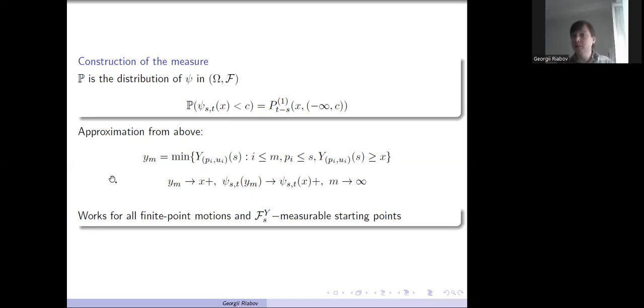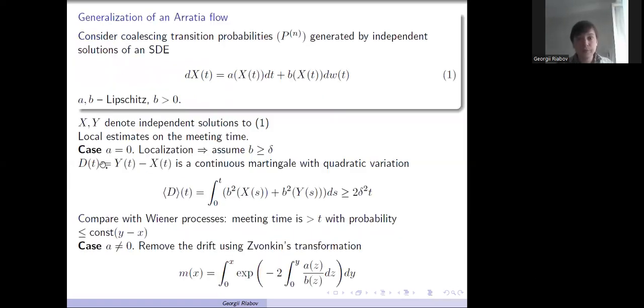Actually, we constructed the random dynamical system that gives us a coalescing stochastic flow. Let's apply it to the so-called generalized Arratia flow. I recall that the Arratia flow consists of Brownian motions that move independently before meeting and coalesce at the meeting time. We can extend it to the following system.